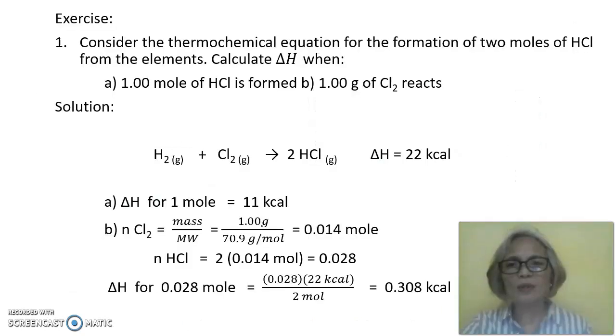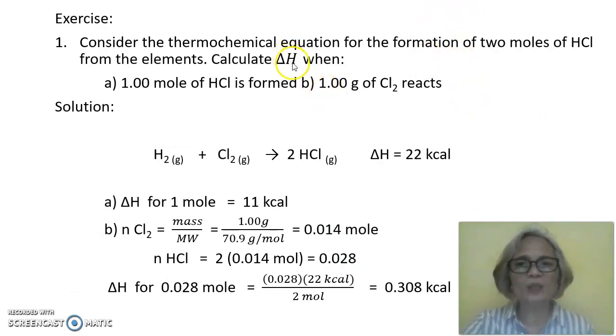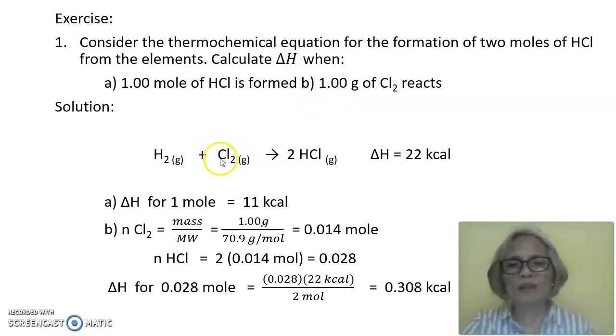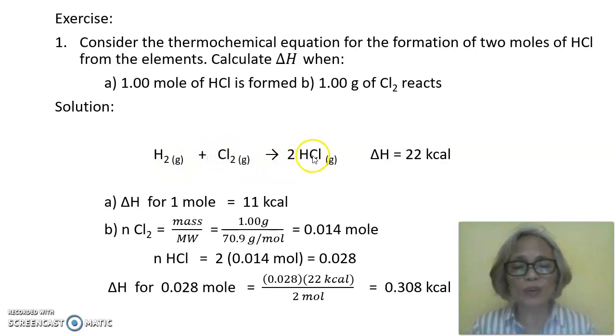For example, we compute the change in enthalpy for the formation of 2 moles of hydrogen chloride. We have this thermochemical equation: 1 mole of hydrogen gas plus 1 mole of chlorine gas forming 2 moles of hydrogen chloride gas, equivalent to a change in enthalpy of 22 kilocalories.